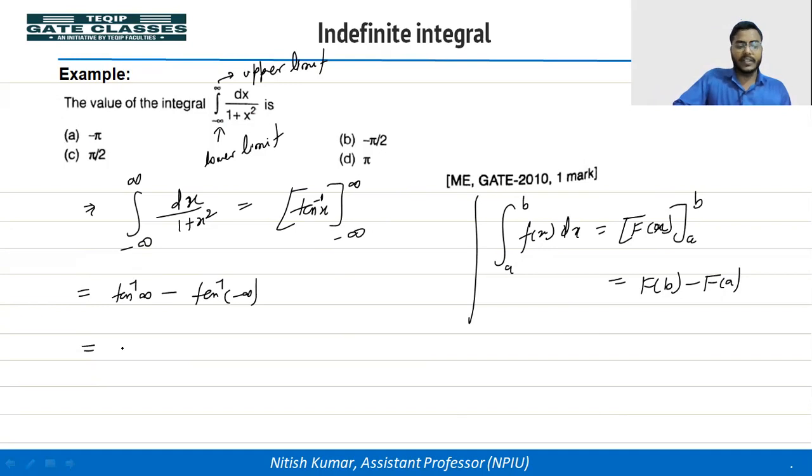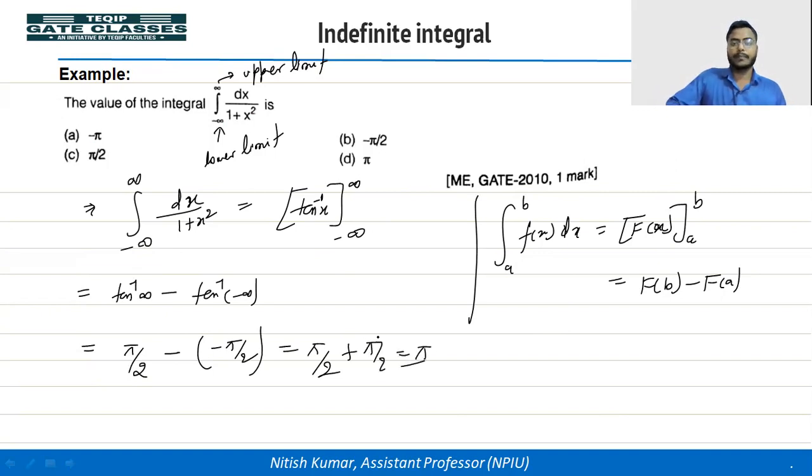Tan inverse infinity is equal to pi by 2, minus tan inverse minus infinity, which is minus pi by 2. So pi by 2 minus minus pi by 2, we are getting pi. So the answer would be D. Option D would be correct.